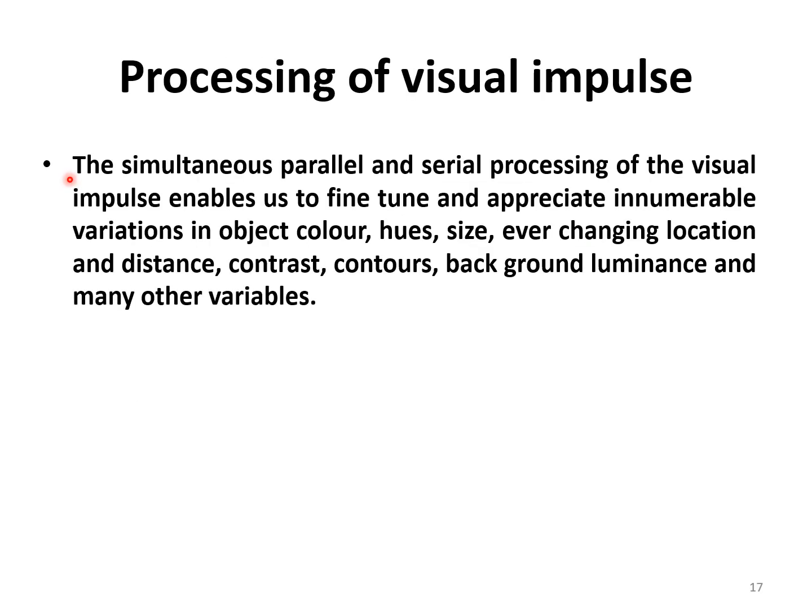The simultaneous, parallel and serial processing of the visual impulse enables us to fine-tune and appreciate innumerable variations in object color, hues, size, ever-changing location and distance, contrast, contours, background luminance, and many other variations.